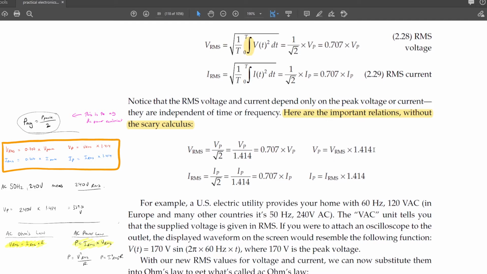You could also do 12 volts divided by 0.707, and it's almost exactly the same. I assume there's some rounding done with the 0.707 and the 1.414. Multiplying by 1.414 gave me this, and dividing by 0.707 gives me 16.973. So close enough, right? Yeah, they're the same. Okay, I'm right with that.